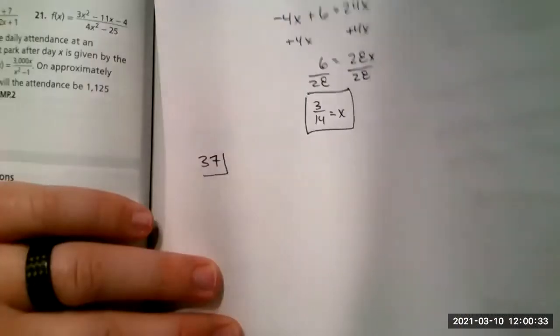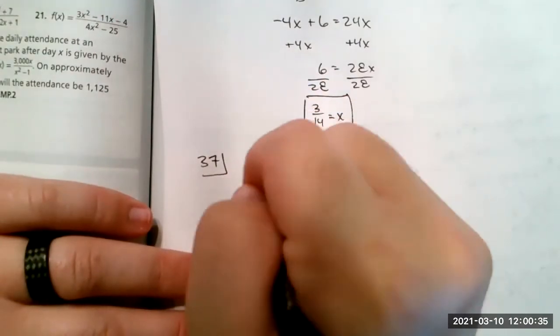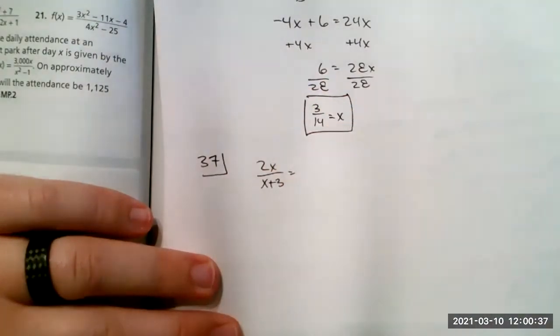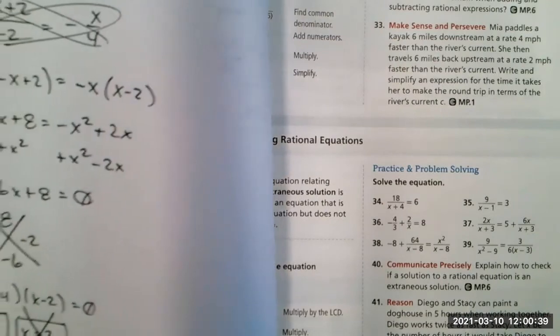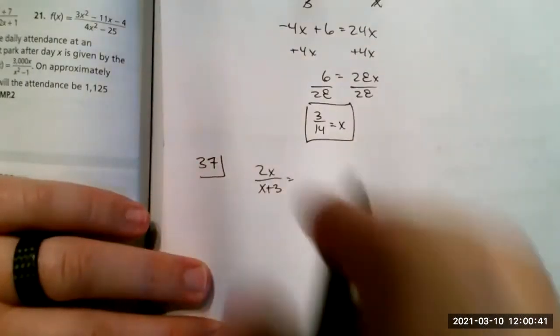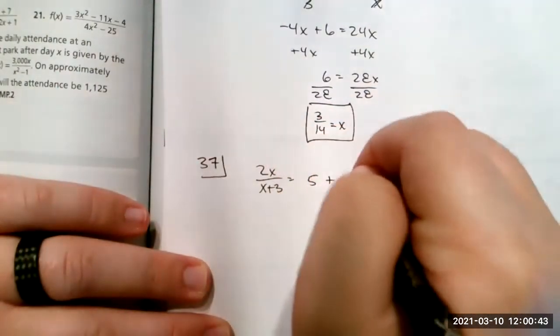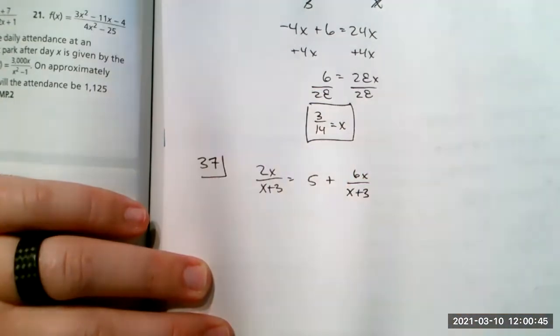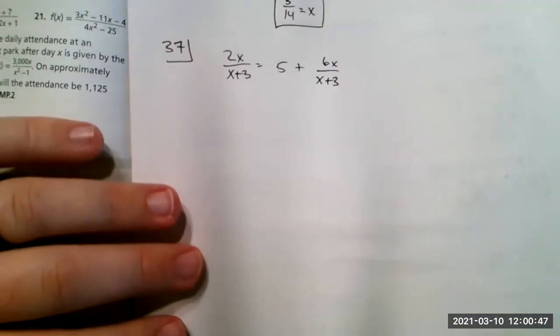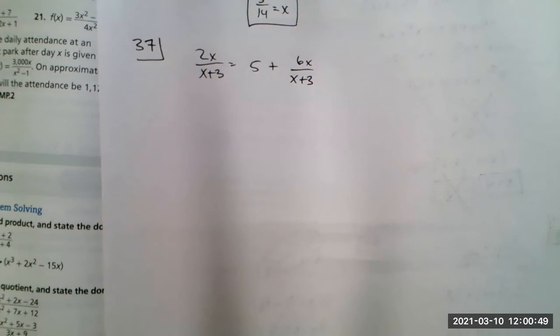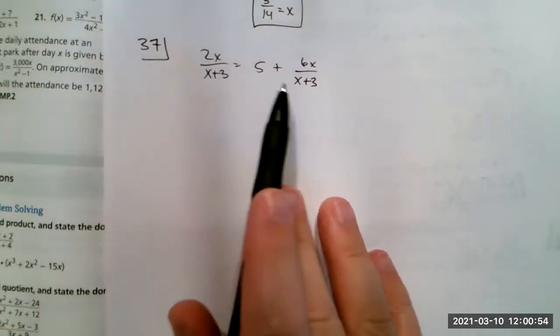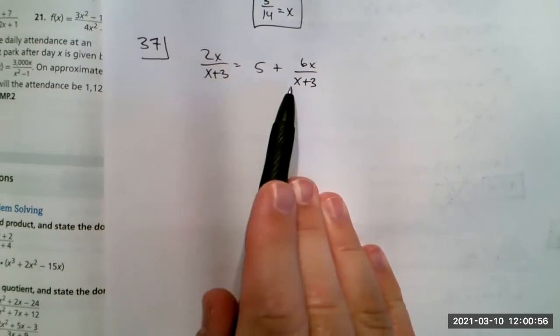37. 2x over x plus 3 equals 5 plus 6x over x plus 3. We saw an example of this earlier. I can't remember where it was at, but basically I've got fractions on either side of the equation where they have common denominators.